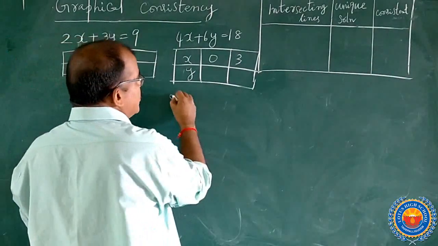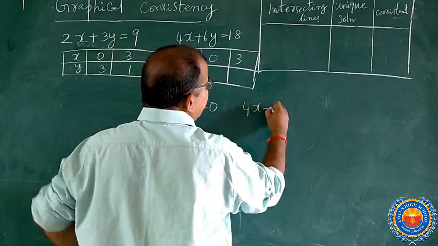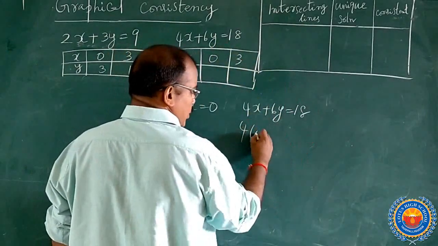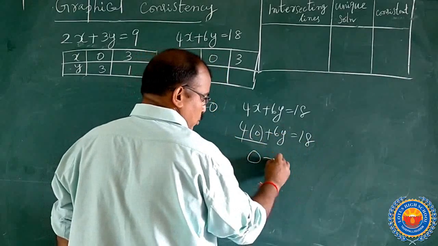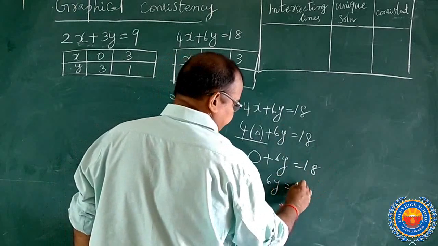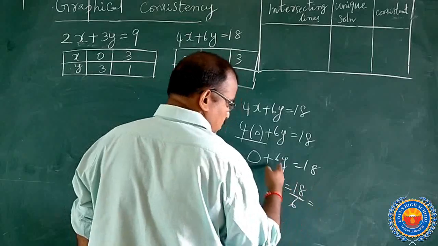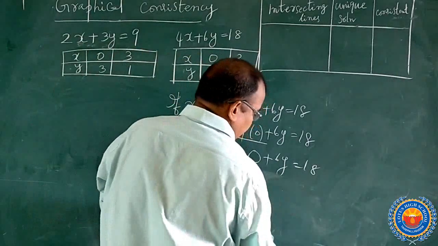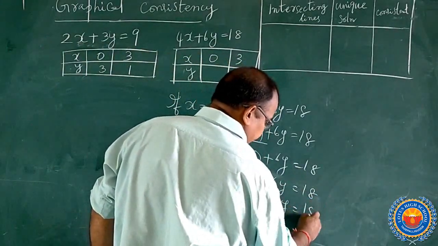If x is equal to 0, 4x plus 6y is equal to 18. So 4 into 0, 0, plus 6y is equal to 18. 6y is equal to 18, so y is equal to 18 divided by 6.